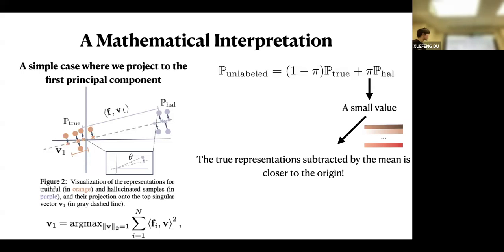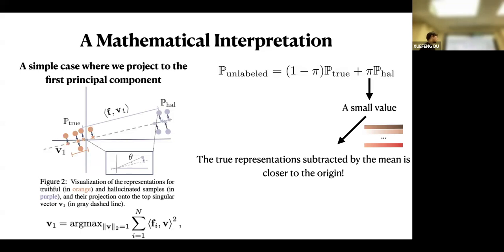So consider a simple case where we project the embeddings to the first principal component and then record that pi, which is the hallucination ratio of the unlabeled data representation matrix, is very small. The first step in principal component analysis is to subtract the mean embedding of the unlabeled data representation matrix from each of the representations in the unlabeled data set.